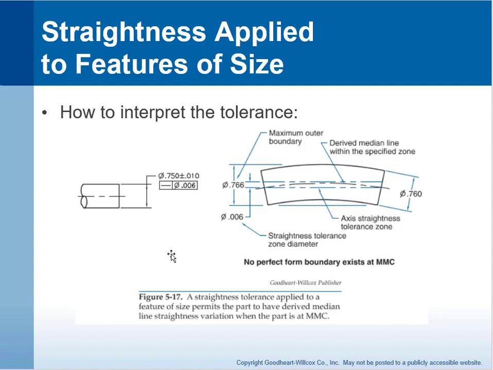That is now our maximum outer boundary. Essentially, that says our straightness tolerance zone diameter of the center line of the part is a diameter of 6 thousandths here. That is the form tolerance on the axis of the part.